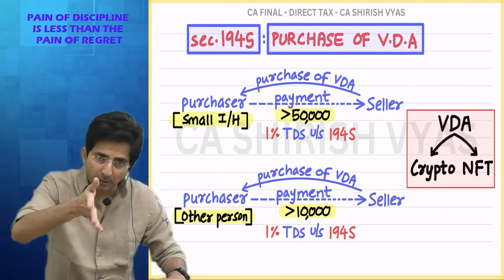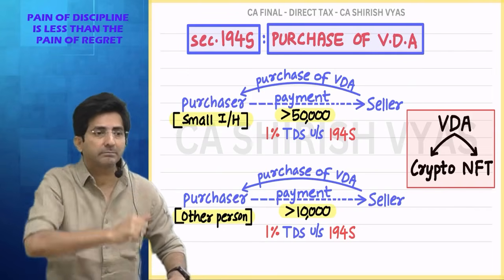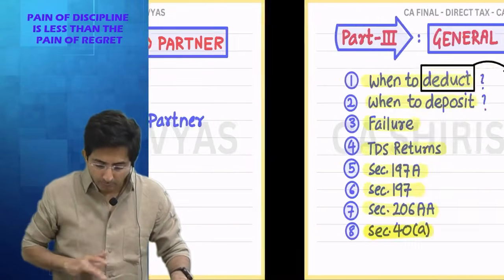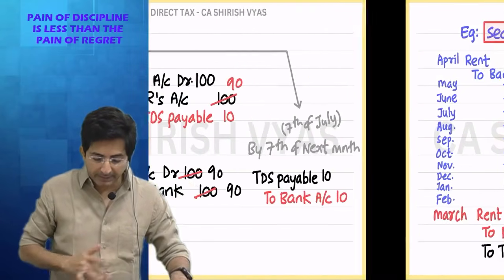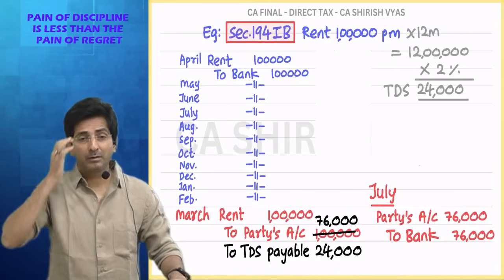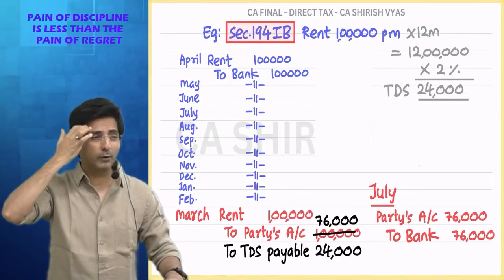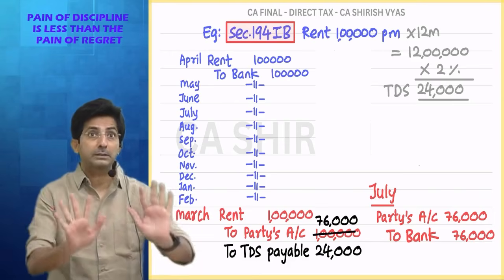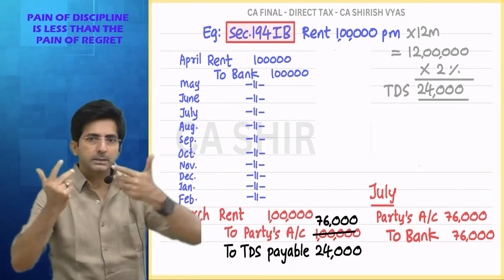This is the main bottom line which I wanted to convey. So what is the final point I said? Whenever government feels guilty, guilty of what? Of unnecessary bothering for TDS compliance. In all those sections, government has kept the rule of not 7th of next month, it is 30th of next month.